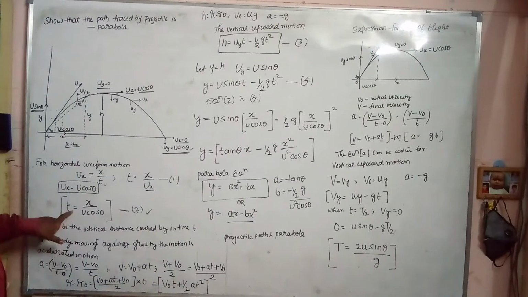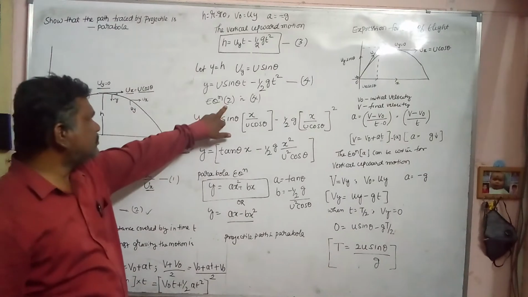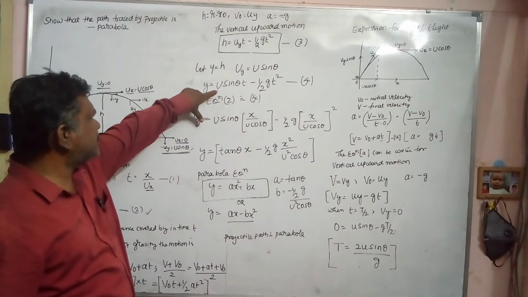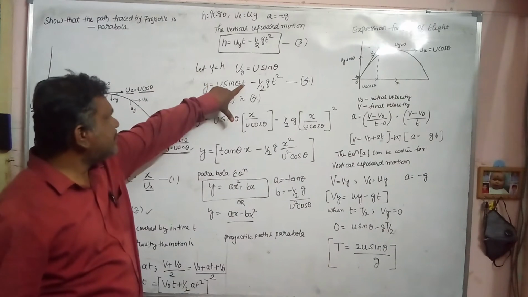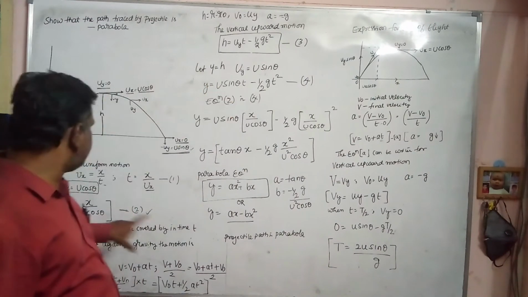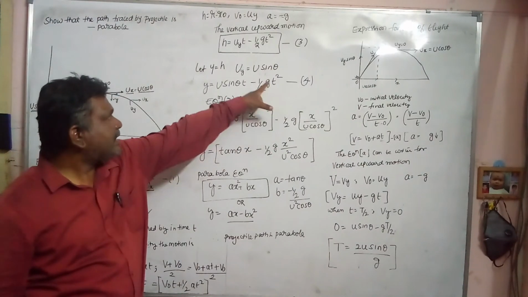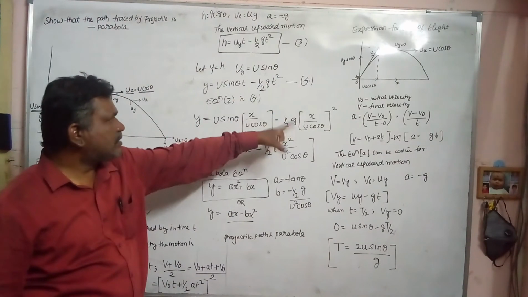This is t is equal to x by u cos theta. Correct. So in equation 2 in 4, where you have u sin theta t, you have to represent t here as x by u cos theta, minus half g, and again t square is x by u cos theta whole square.